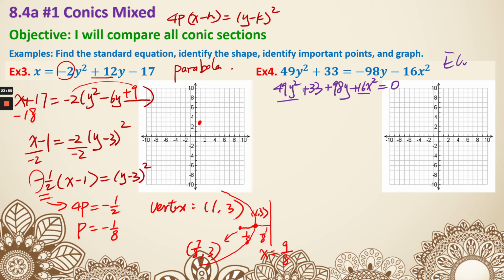So this has to be an ellipse. Let's start putting everything in the right format. 16x squared in the front. Then I need to factor the 49 out of the y squared, so I only leave y squared. Then plus 98y becomes a plus 2y.